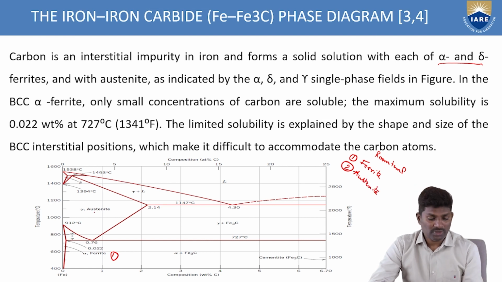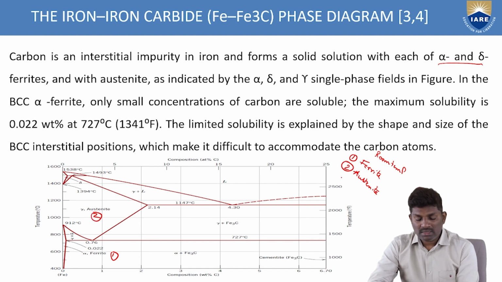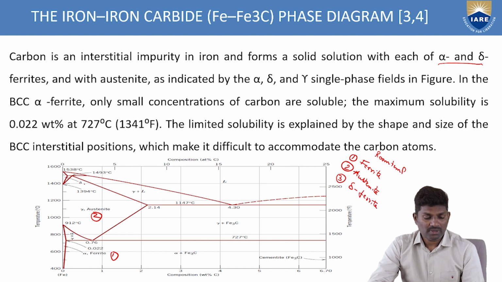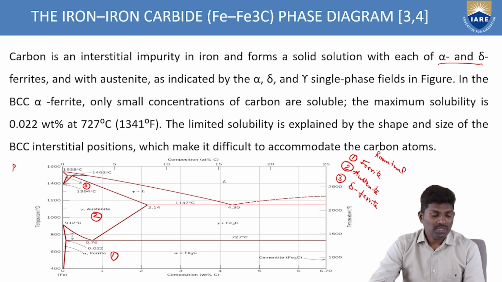When you increase the heat, that is the second thing. And the third one is delta ferrite. This is the third one. So from BCC to FCC, again from FCC to BCC.